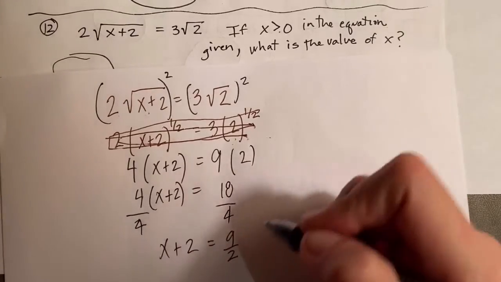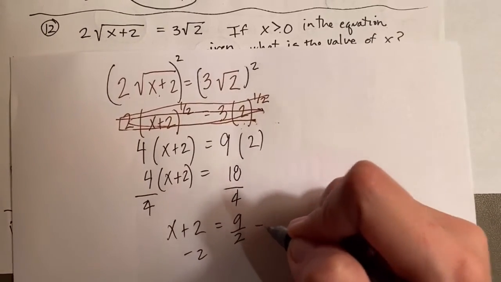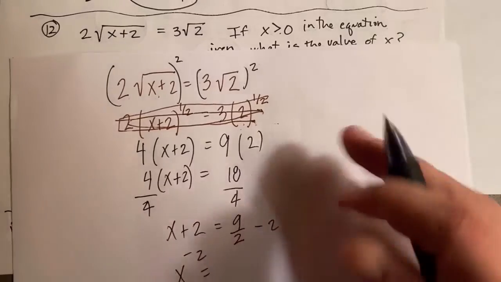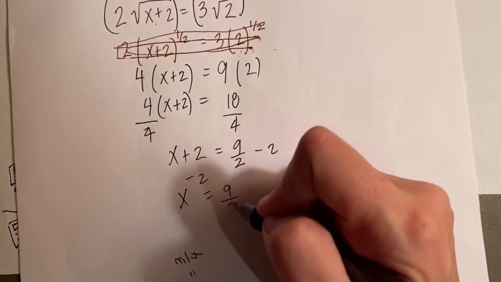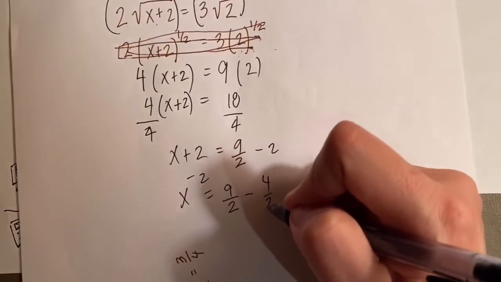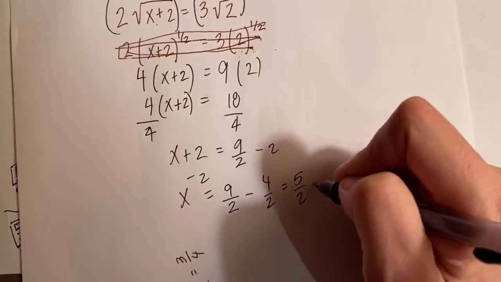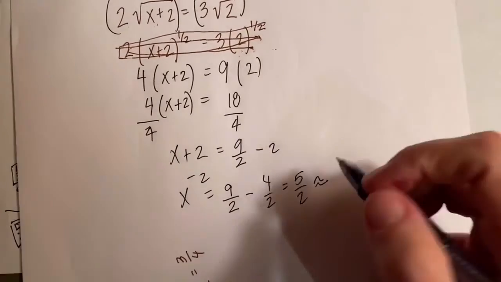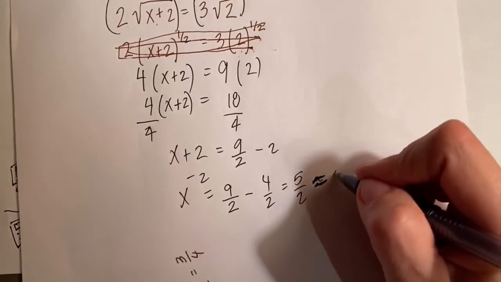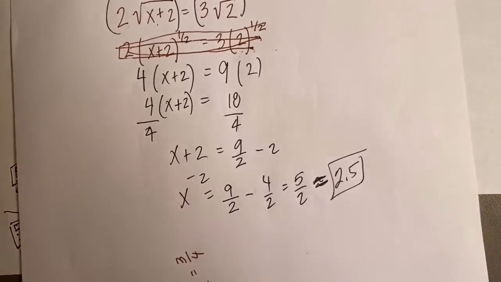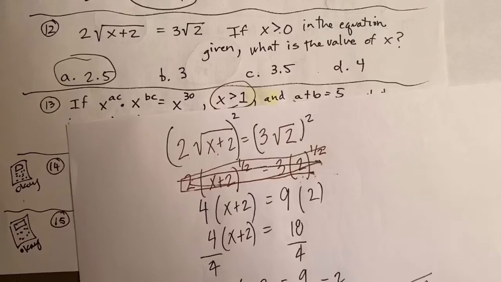So when you subtract 2 on both sides, you get x is equal to 9/2 minus 4/2, which is 5/2, also known as, it's actually not rounding, that's the same as 2.5. So that's how I got 2.5.